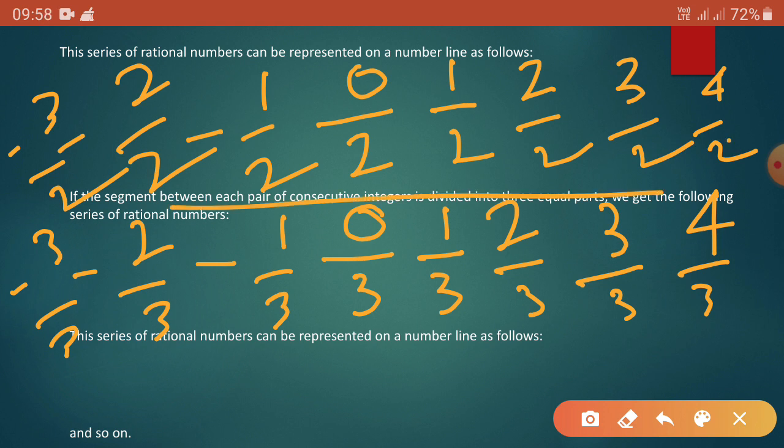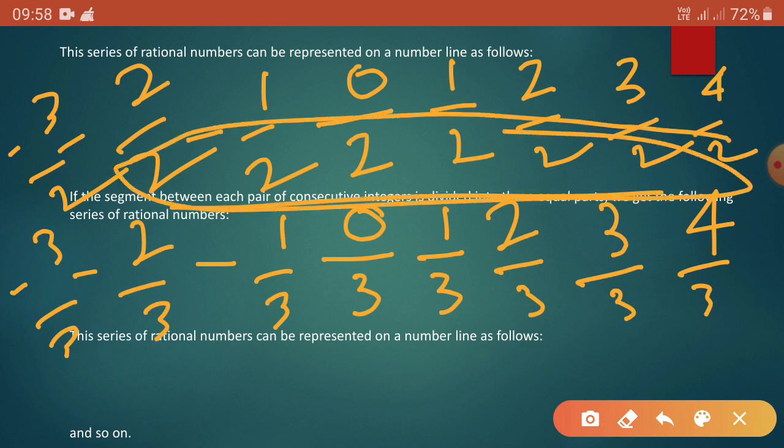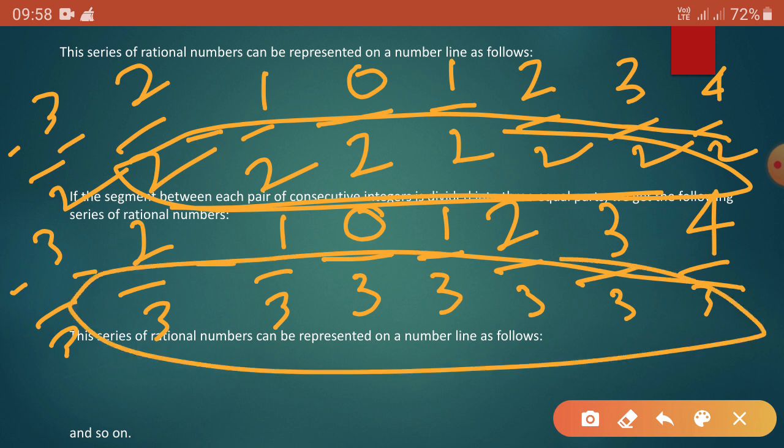Here it is divided by 2, as we are dividing the segment of each pair of consecutive integers by 2, and here the lower part is 3, as we are dividing each segment by 3. Okay, got it?